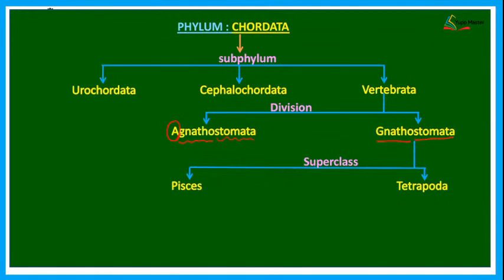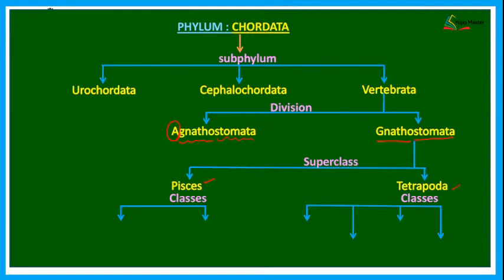Now, what exactly are Pisces? These are the fishes, and tetrapods. Now, when we speak about Pisces, remember fishes can be of two different classes. Which are those? This is going to be determined based upon what exactly their endoskeleton is made up of.